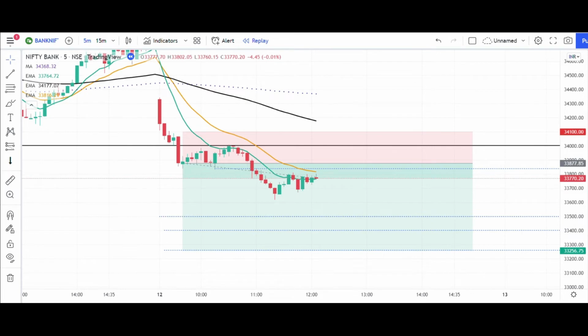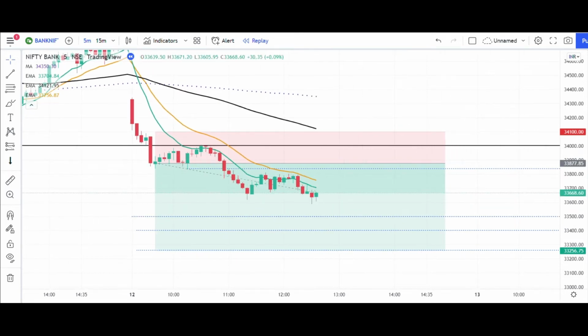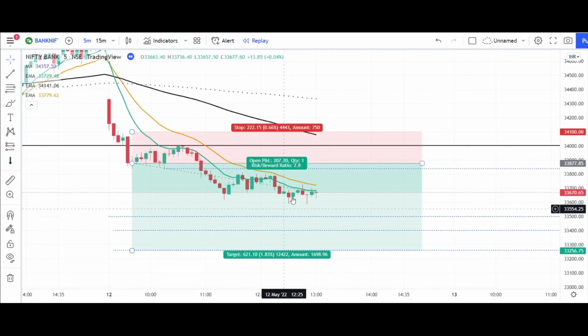Not when it touches, but once it closes above it. Otherwise I will keep on staying in the trade. So here these are getting squeezed, so there is a chance that they will take over and the 10 exponential moving average will go above the 20, because they had this gap and now they have a narrow gap.